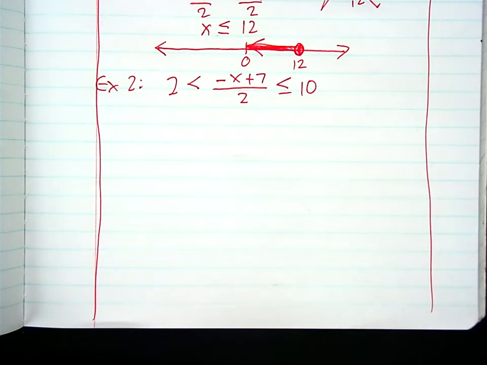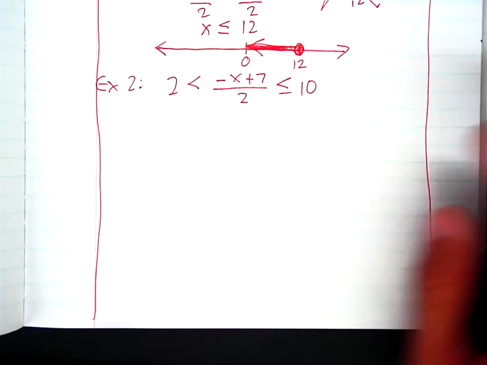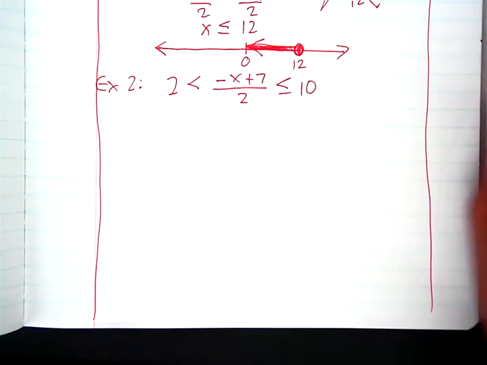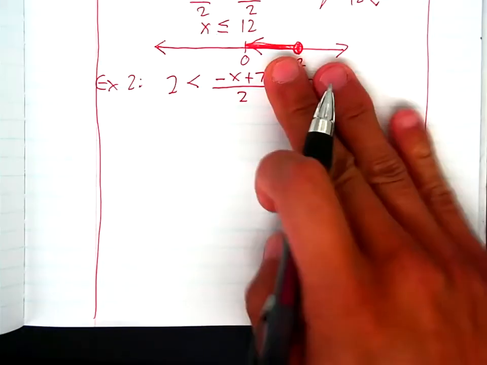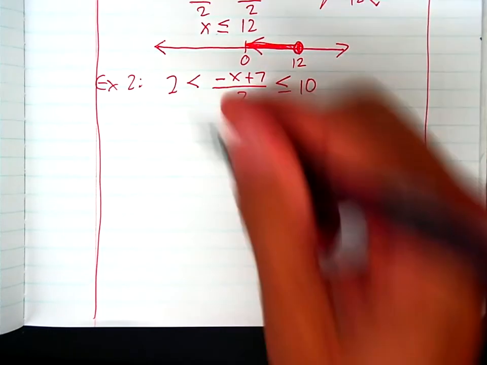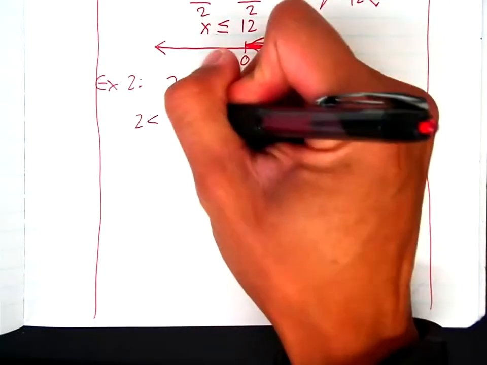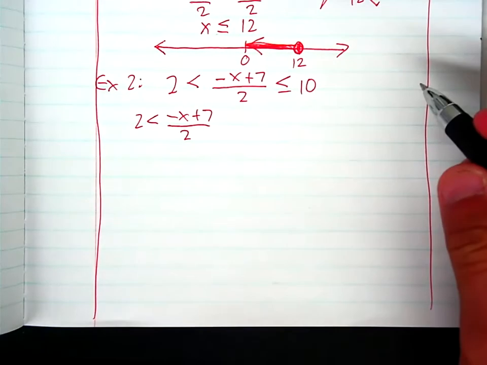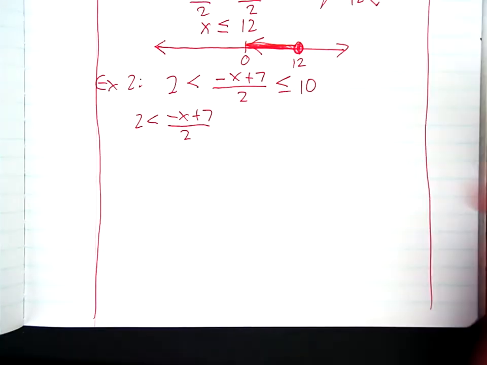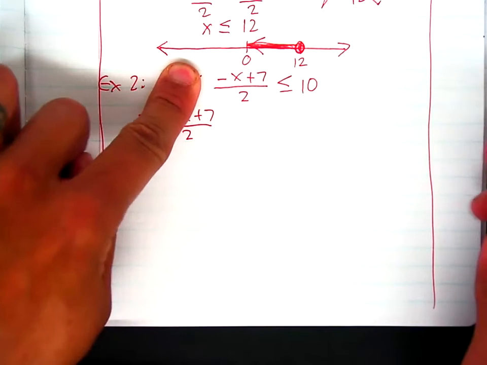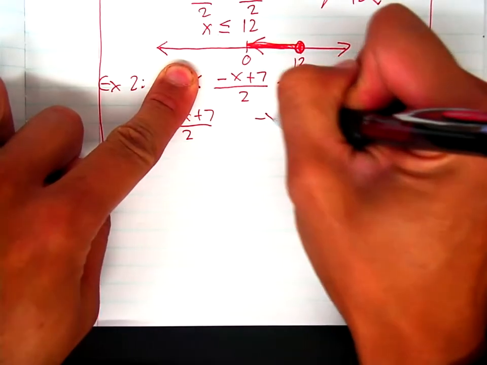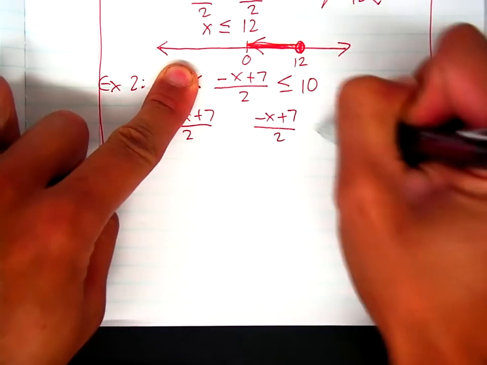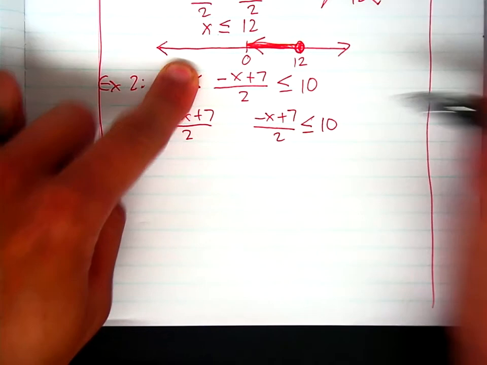Another way to show this is you can cover this up and write one inequality: 2 is less than negative x plus 7 divided by 2. And I can cover up the other side and write the other inequality, which is negative x plus 7 divided by 2 is less than or equal to 10.